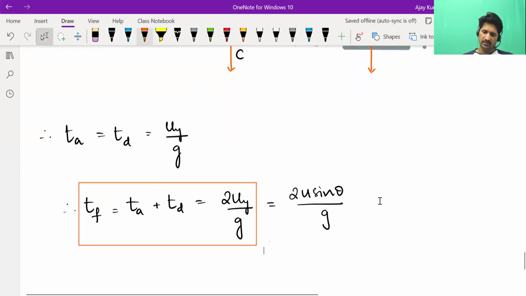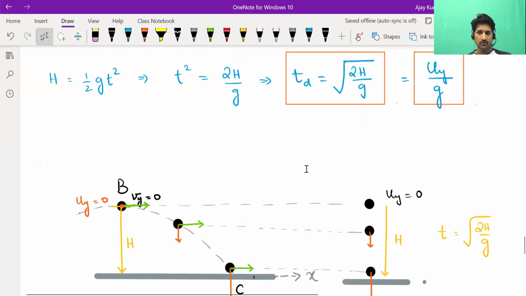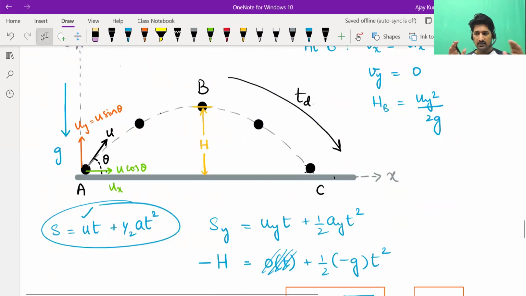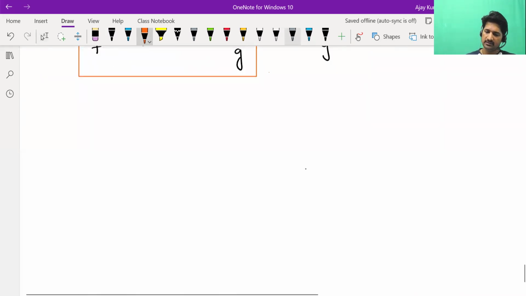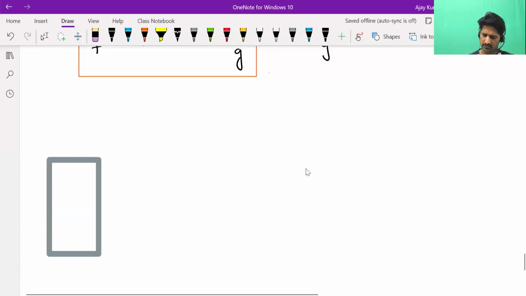Okay. But again, conditions are very important. That's why you should never remember a formula blindly. Look at the case that we took. The case that we took is a case of ground to ground projectile. Means initial point A and final point C are at the same level. In that case, time of ascent will be equal to time of descent. But suppose something like this happens. Let's say there's a person standing on top of a building. We're going to be solving questions like these.